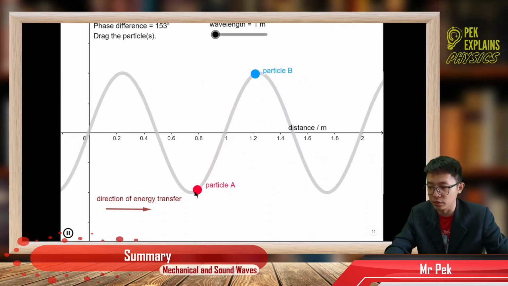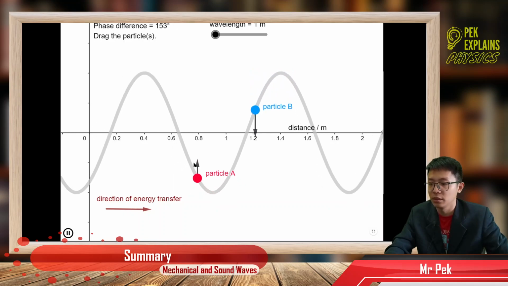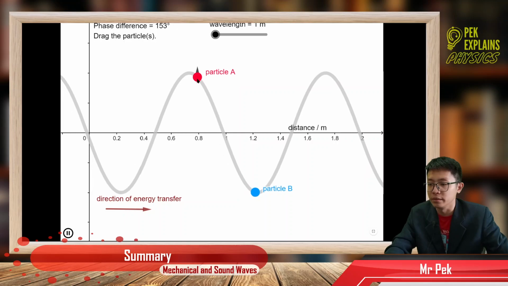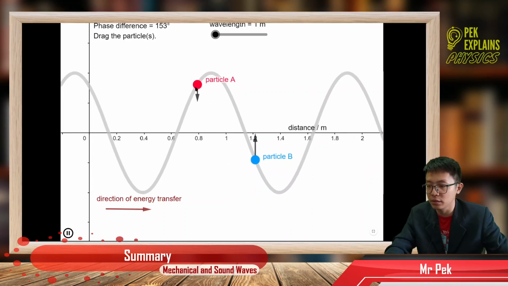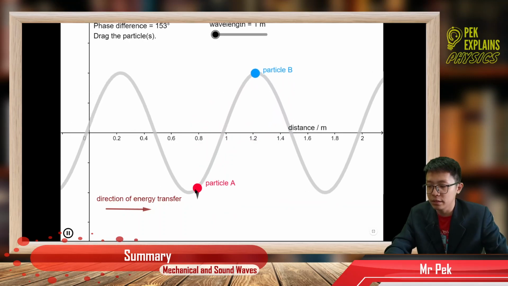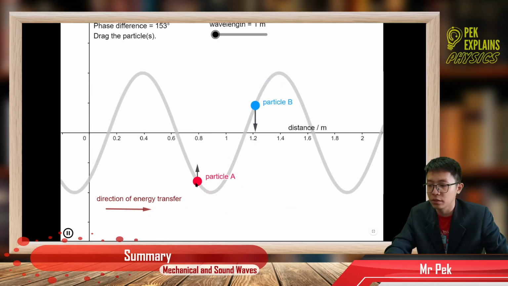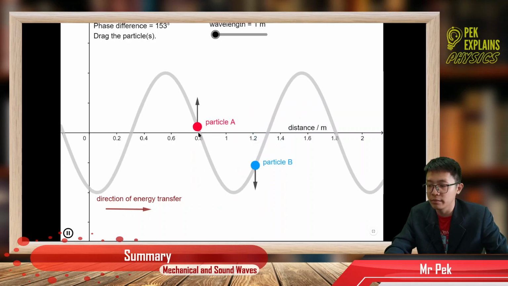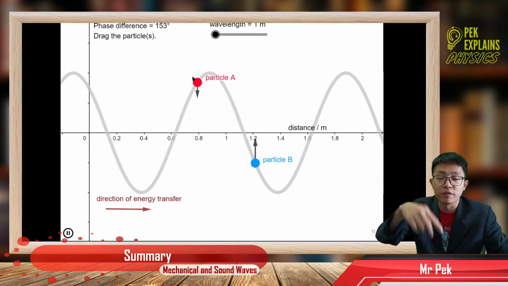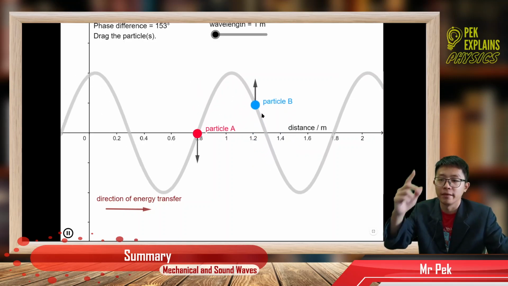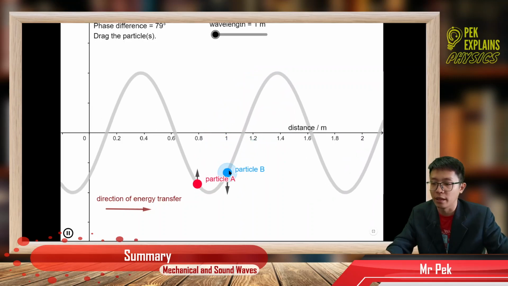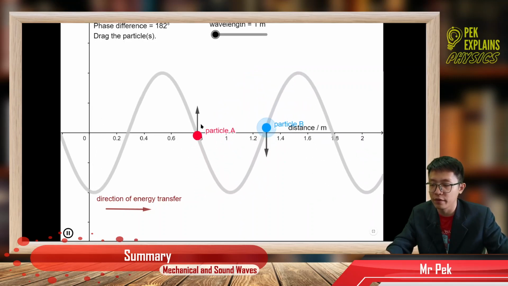The velocity is 0 at amplitude, maximum at equilibrium, 0 again at amplitude, maximum at equilibrium, 0 again. So this is called particle vibrational velocity. And different particles have different vibrational velocities. A different particle at a different time has a different velocity.